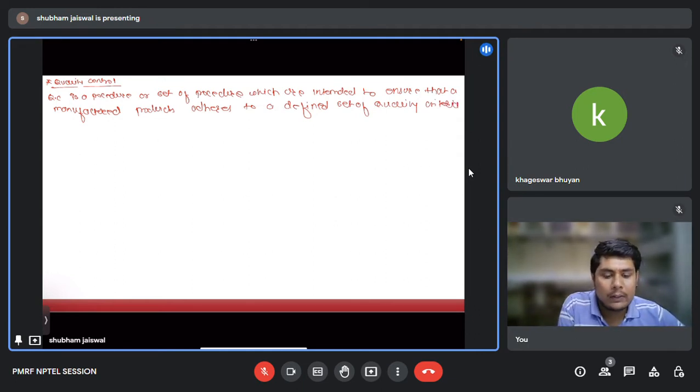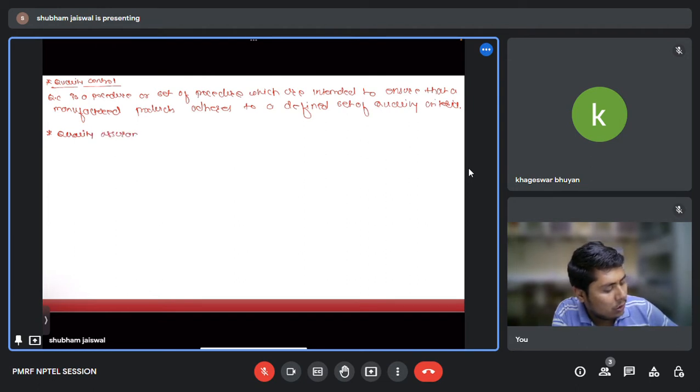Then we saw the similar term, quality assurance. So what is quality assurance?